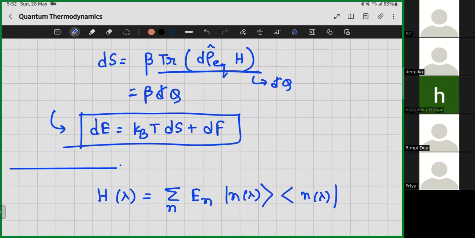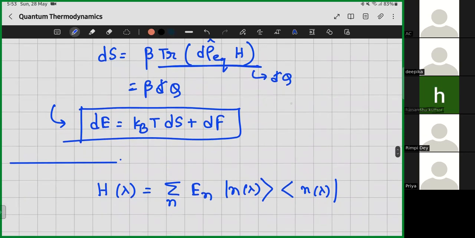In the classical case, if I write the same equation, TdS, dU equals dQ plus dW. So dQ equals TdS, and here there is a kB. There is another kB that is extra. That's what I want to understand. Otherwise it would be just TdS. The kB is extra for the quantum case. Yes. Okay.